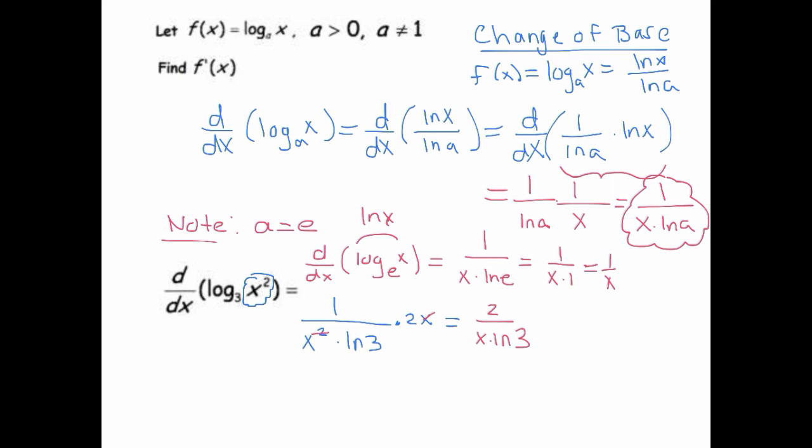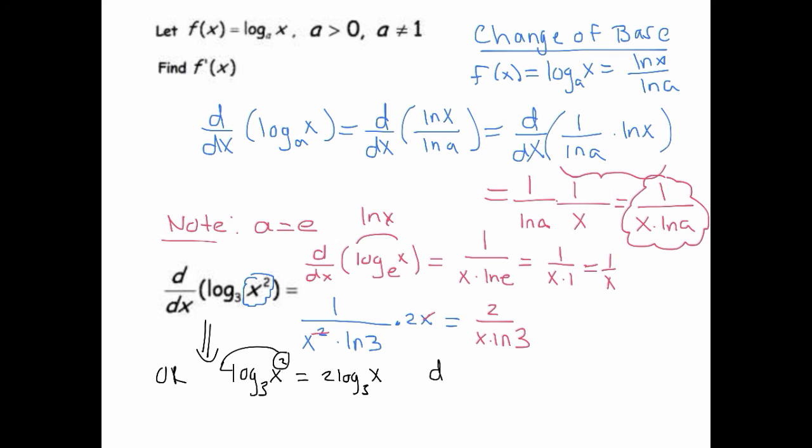Another thing you could do is use a property of logs and move that 2 down. So log base 3 of x squared can be written as 2 log base 3 of x.